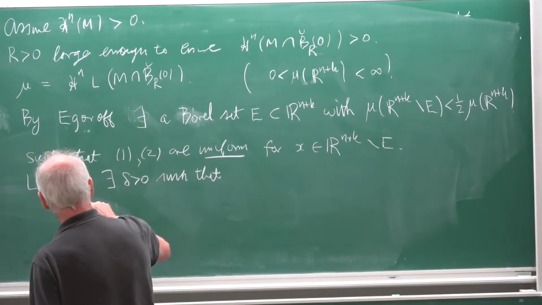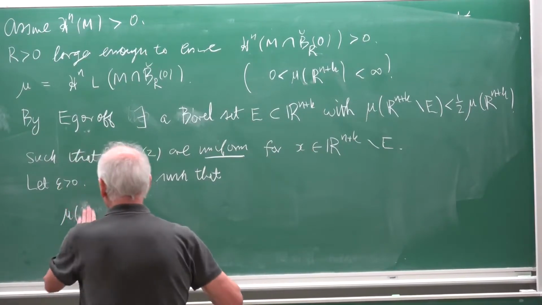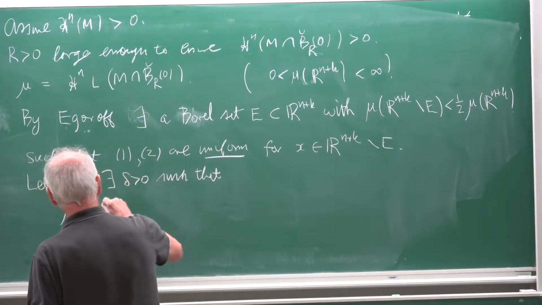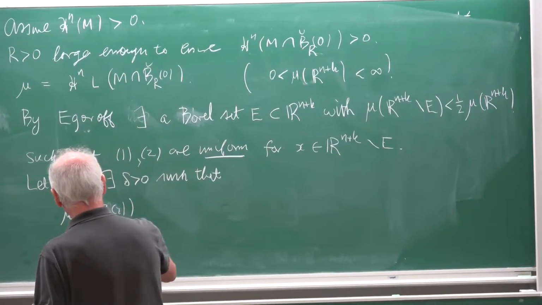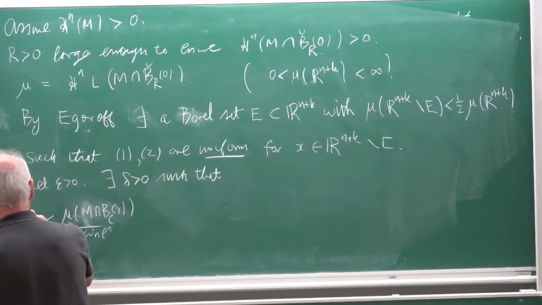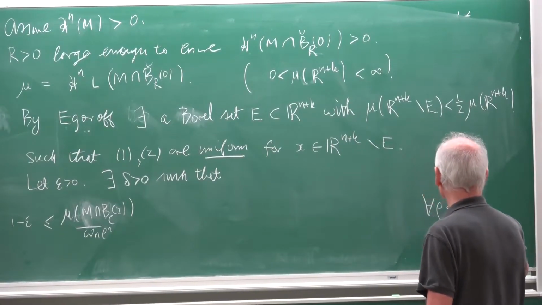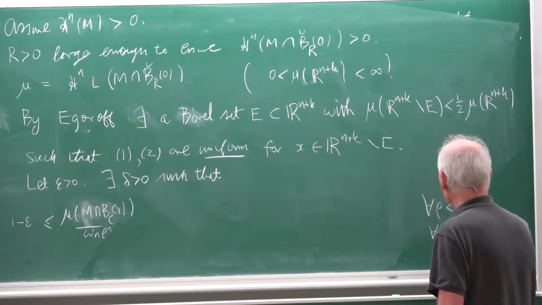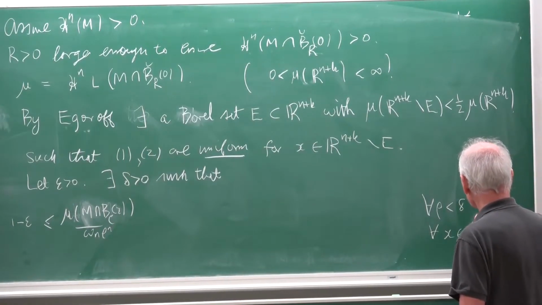Mu of m intersect B_rho(x) over omega_n rho^n is bigger than or equal to 1 minus epsilon for every rho less than delta, and for every x in E.